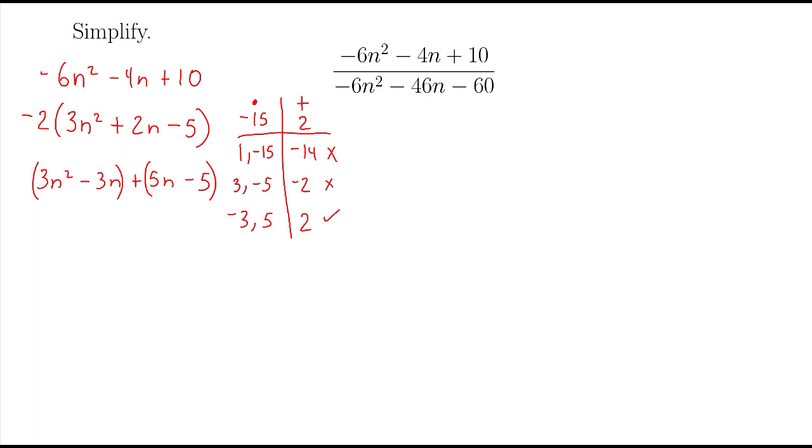3n squared minus 3n: they're both divisible by 3, and they both have an n in common, so the common factor is 3n. If I divided this by 3n, I'd be left with n, and if I divided this by 3n, I'd be left with negative 1.